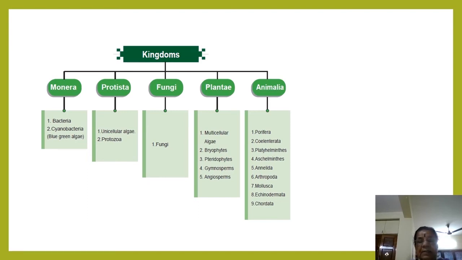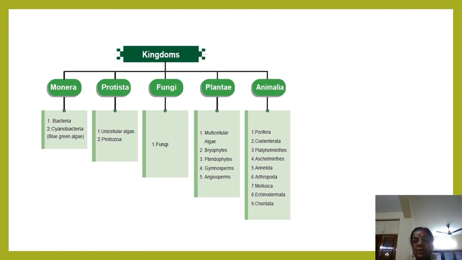Whereas Kingdom Animalia, we studied in part 3: phylum Porifera, Coelenterata, Platyhelminthes, Aschelminthes, Annelida, Arthropoda, Mollusca, Echinodermata, and phylum Chordata. Do you remember? We studied these phyla in part 3.